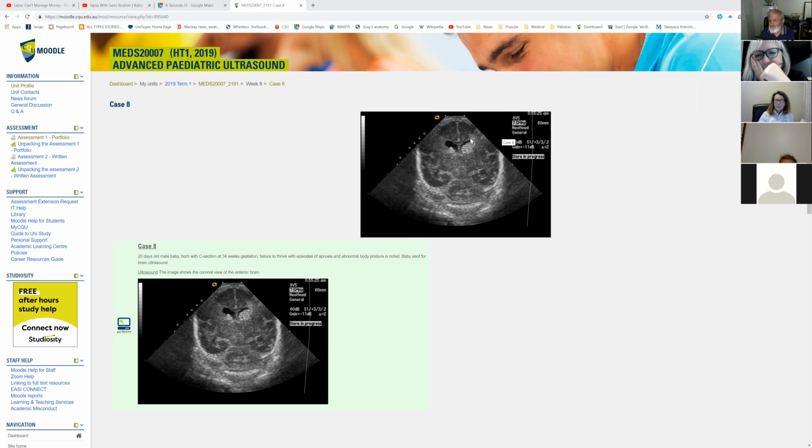So this is what we call periventricular leukomalacia or periventricular hemorrhage. Okay, and this is not an extension of this hemorrhage. This happens because all the veins that drain this area pass through the germinal matrix to be drained into the central vein.